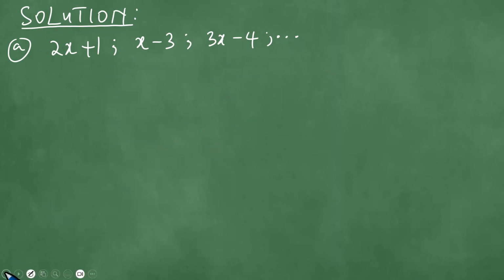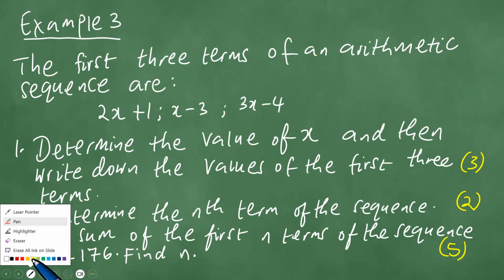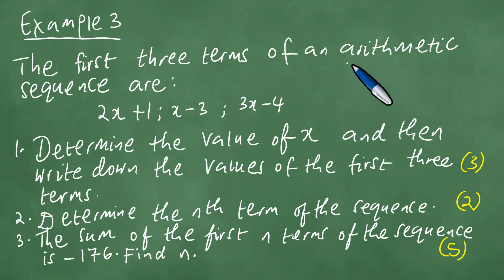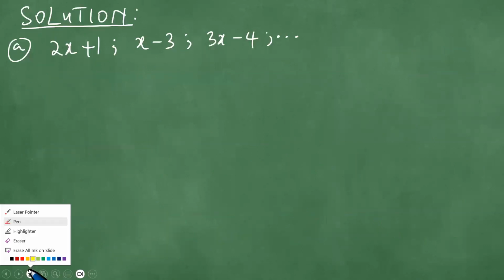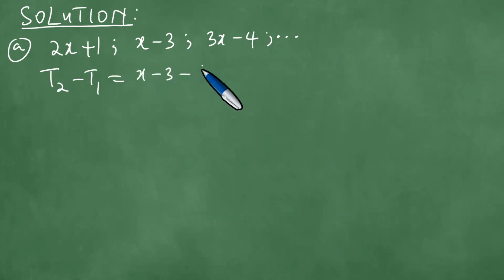But for us to find the value of x, we need to ask ourselves, what kind of sequence is this? It is an arithmetic sequence. Because it is an arithmetic sequence, what do we then do? We're going to say T2 minus T1, which is x minus 3 minus (2x plus 1). Term 2 is x minus 3.